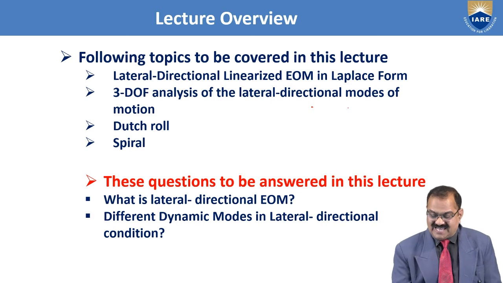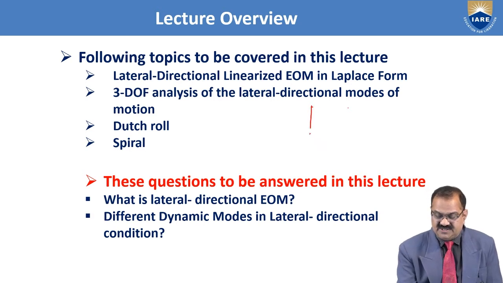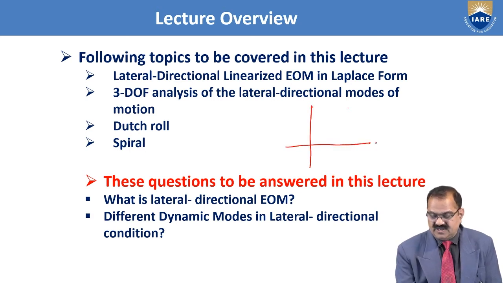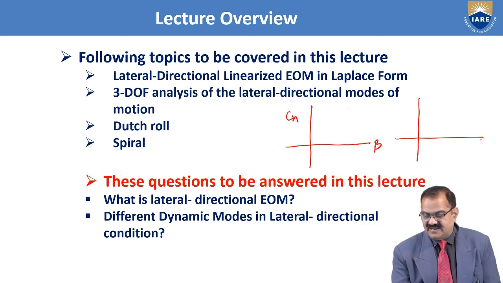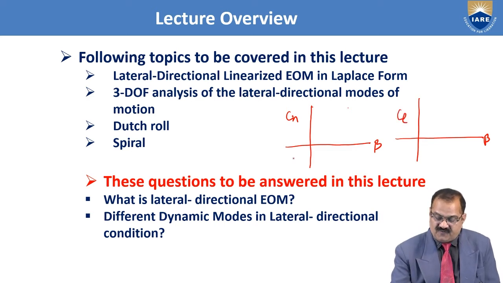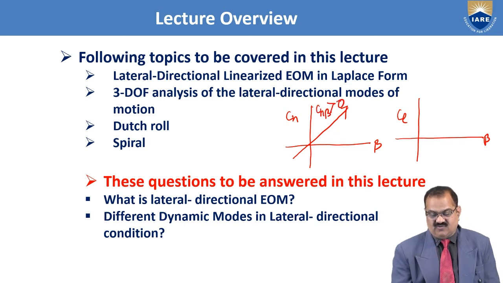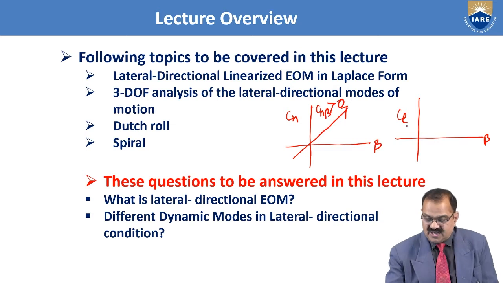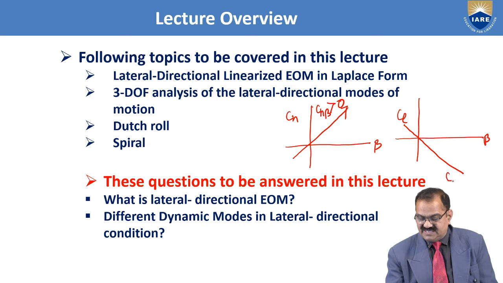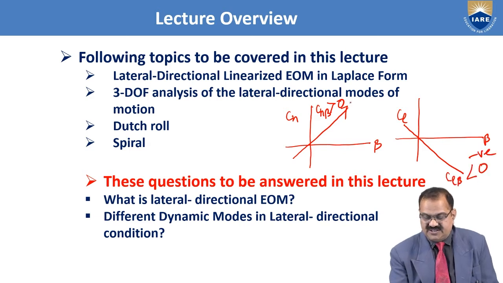So we can see that this is the plot of beta versus Cn, and beta versus Cl. For the plot of Cn, Cn beta should be greater than 0, but for this, Cl beta should be less than 0, or negative, and this would be positive.